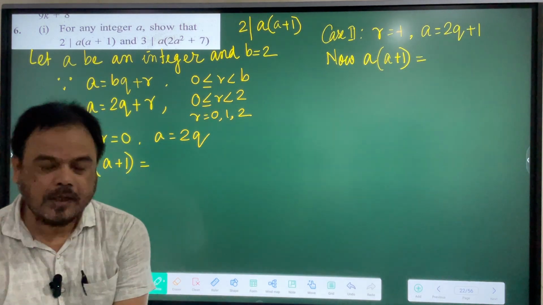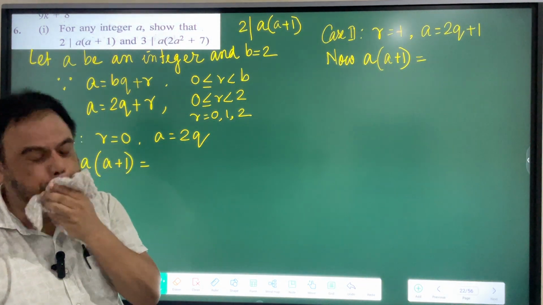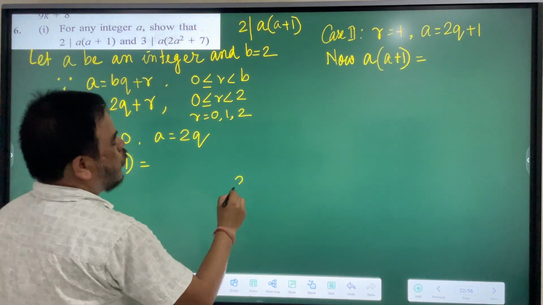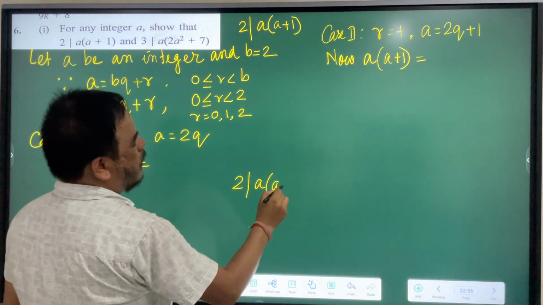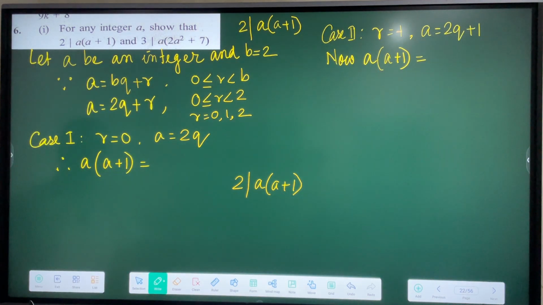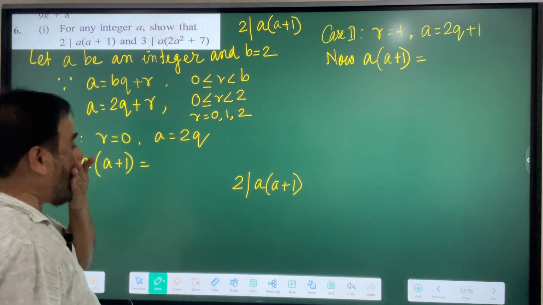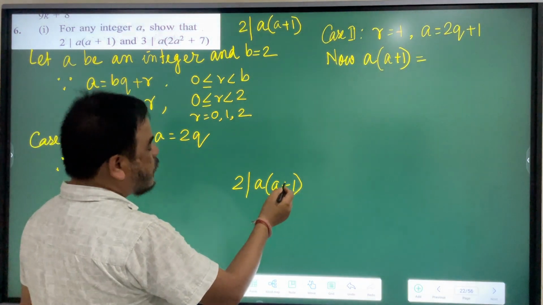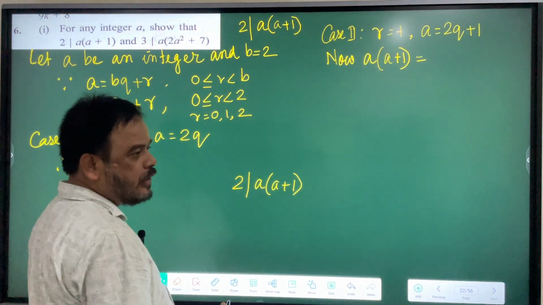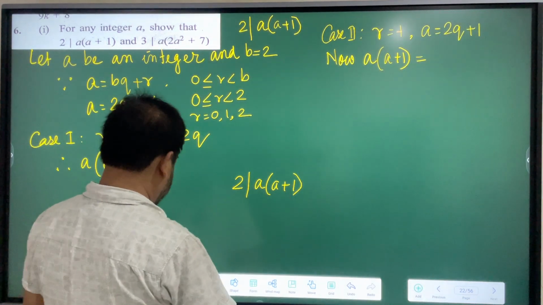You can check the question. Look here, 2 divides a into a plus 1. It means a into a plus 1 is divisible by 2. So a into a plus 1 by 2 equals some integer. So this is what we have to show.